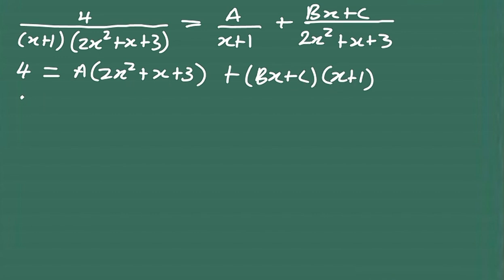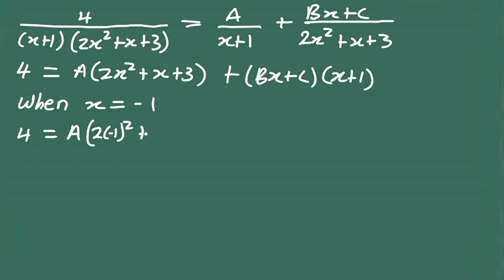So when x equals minus 1, we are going to have 4 equals a times the bracket 2 times minus 1 all squared plus minus 1 plus 3, plus b times minus 1 plus c times minus 1 plus 1.